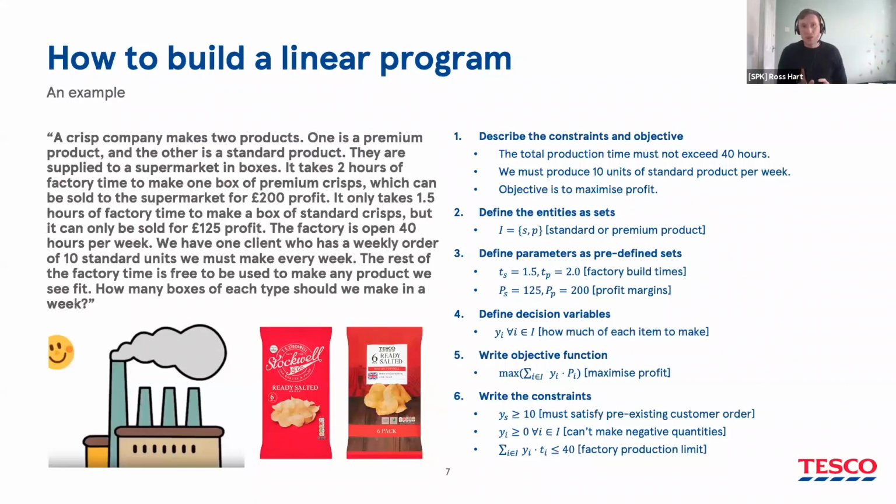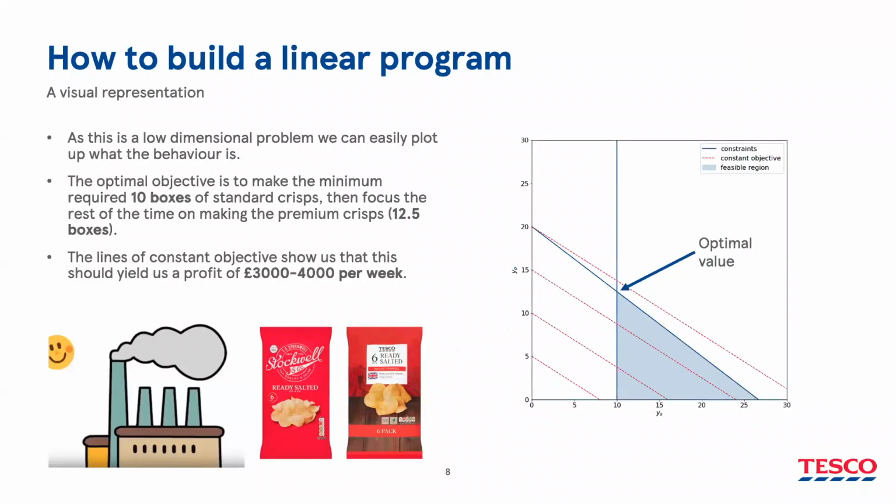But before we do that, I'm just going to briefly mention what this solution looks like on paper. We can actually draw this up because we've only got 2 dimensions and it's a very simple problem.